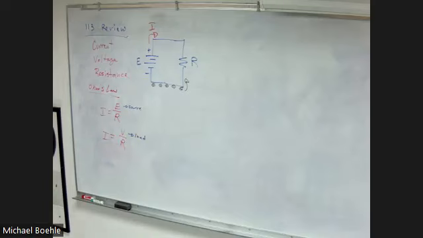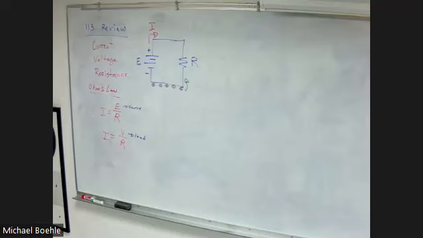Now, I said earlier, Ohm's law applies to resistors. Here's the neat thing. All that work that we did in 113, series resistors, parallel resistors, series parallel circuits, we'll review that here in a second. It doesn't matter if that voltage is DC or AC when it comes to resistors.